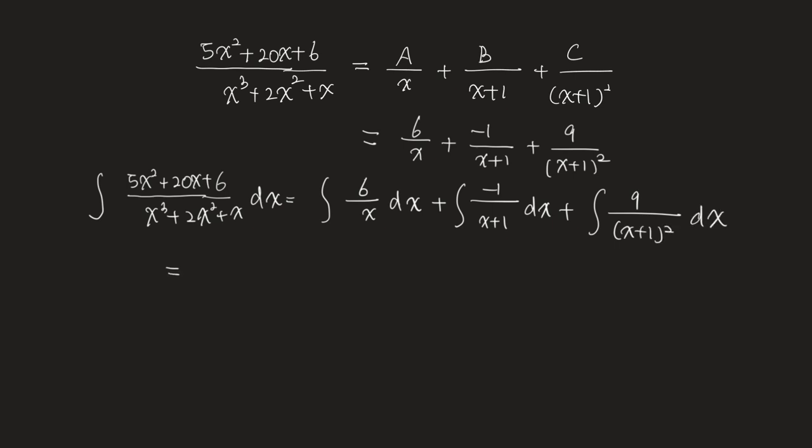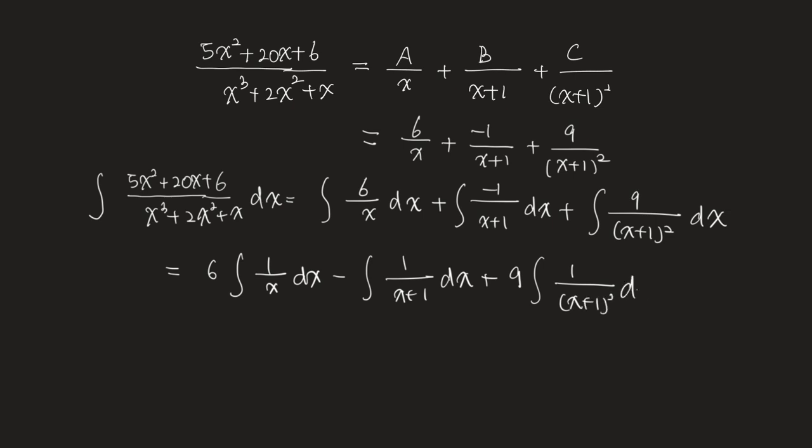So this first one is 6 integral 1 over x dx, negative integral 1 over x plus 1 dx. Third one is 9 integral 1 over x plus 1 squared dx.